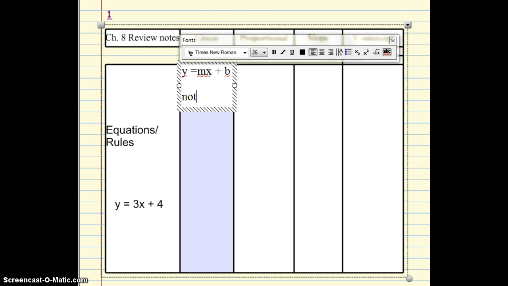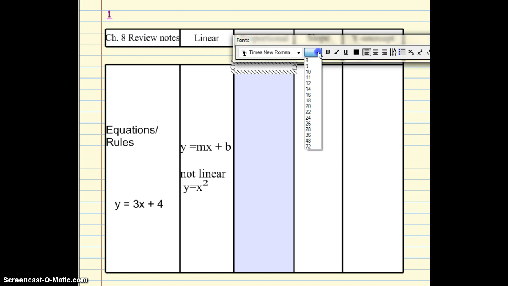Let me give you an example of something that's not linear. Not linear would be like y equals x squared. Something crazy looking like that. Something that we're not used to. It would be okay to have an equation that was just like y equals 3x. That would be fine. All right, proportional.